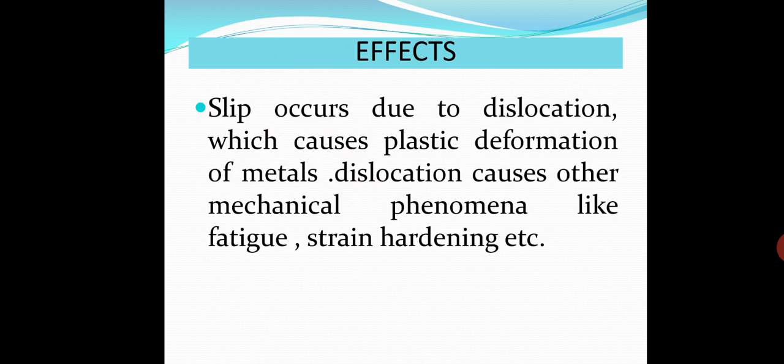So, what are the effects of dislocation? Slip occurs due to dislocation, which causes plastic deformation of metals. You already know what plastic deformation is. Plastic deformation is permanent deformation.